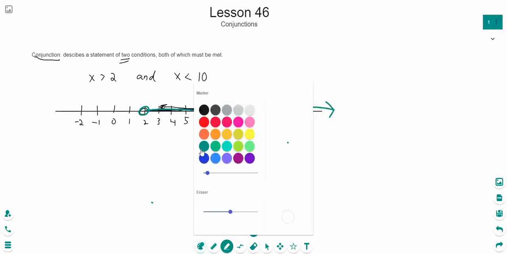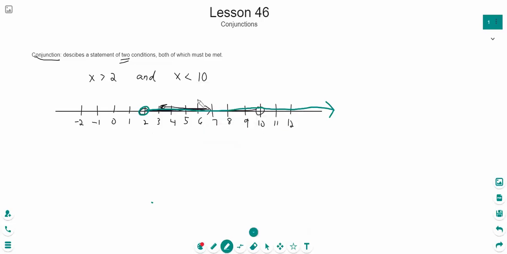And then if we want to show x is less than 10, that means we have to start at the 10 hollow circle, and we're going this direction forever and ever, off that way. Okay, so where is this whole statement true? Where is this conjunction true?